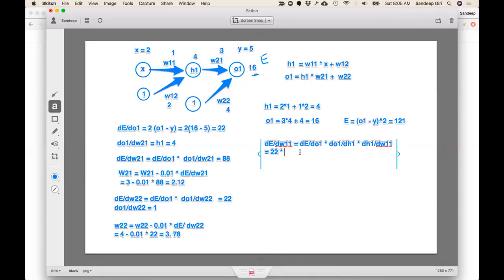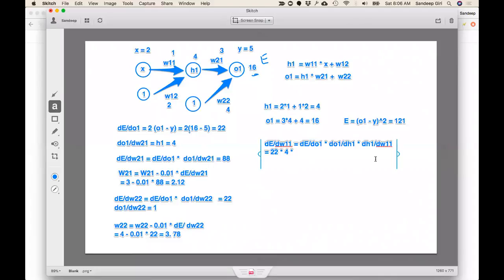Okay, so who is helping me with this? dE by dO1 is 22, and dO1 by dH1 is how much? When we differentiate O1 with respect to H1, it'll be W21. W21 is how much? Remember, we are not going to utilize these new values of W21 until the entire pass is over.